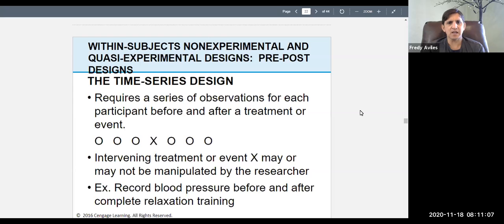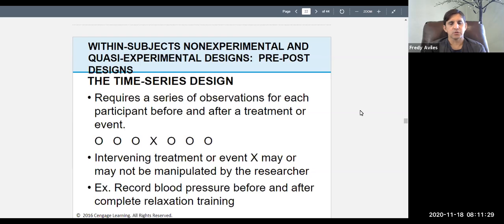So the time series design is a design that requires you observe multiple times before and after a treatment. If you look at the circles there and the X, remember that the O's, the circles, mean observation and measurement.